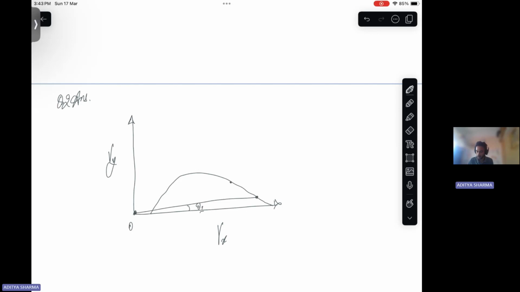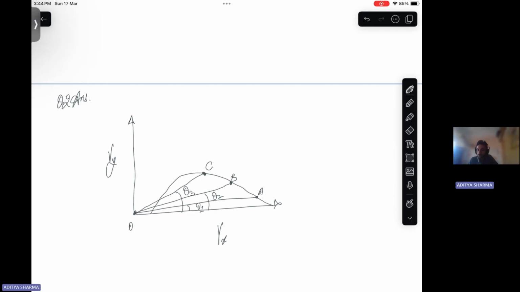Then let us suppose there is one more point. Let's say this is point A, this is point B. For point B, we have theta 2, so this is increasing. And then let's take one more point, C. So this is our theta 3 point.